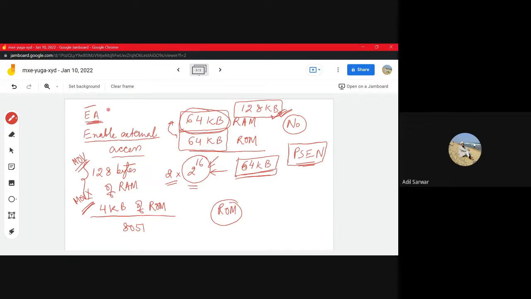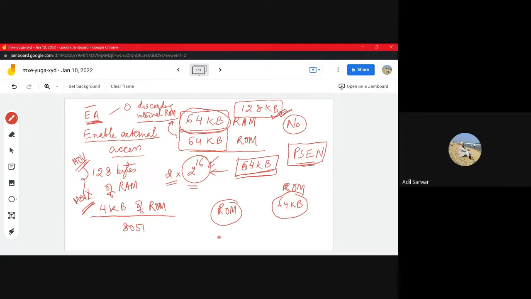So if it is 0, that means we are discarding the internal ROM, and we are using only the external ROM, 64 kb external ROM.